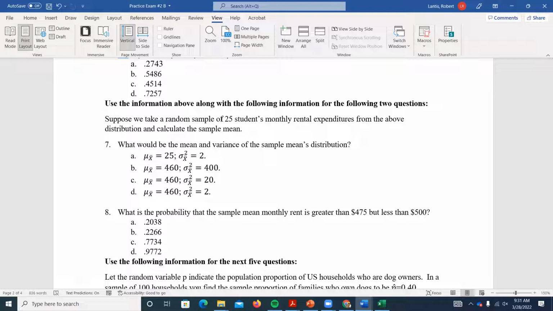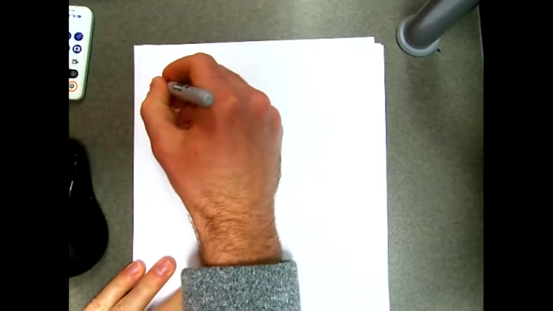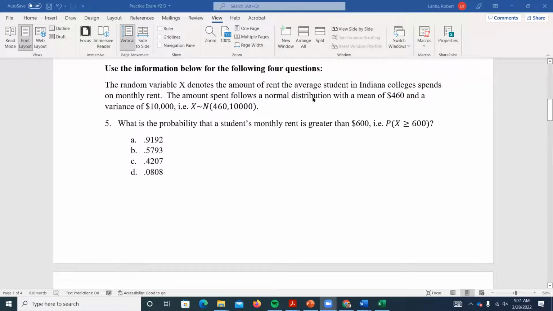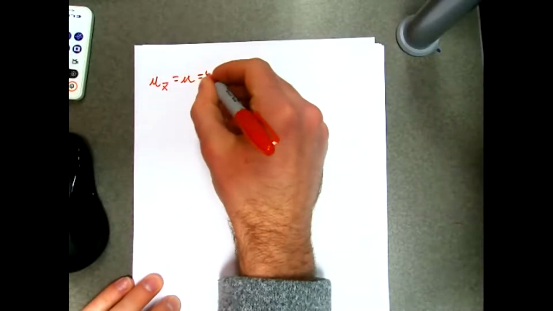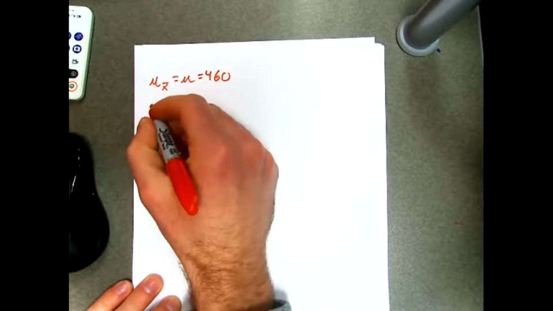So the mean of my sample means should always be whatever that population mean was from the data that I sampled from. So here, what would that be? We're looking at monthly rent, so 460. So 460 will be the mean of my sample means.